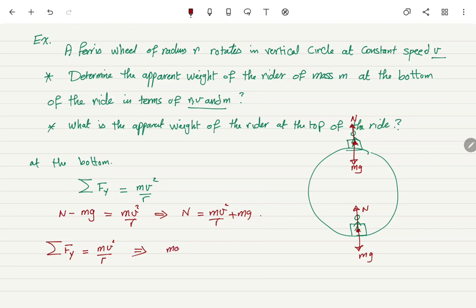So mg minus normal equals mv square over r, or normal equals mg minus mv square over r, which means the normal force is less than the weight of the object at the top of the loop.